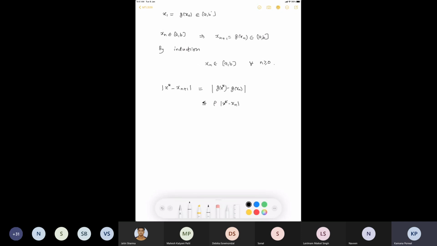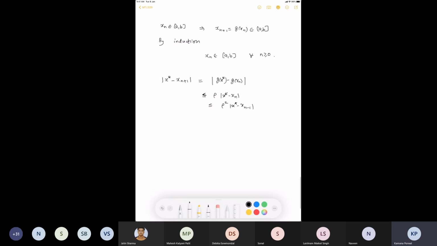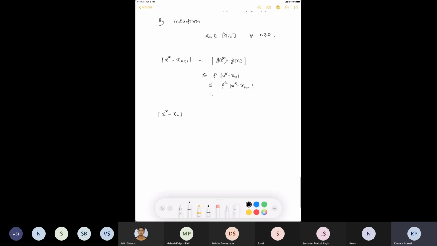So you can further use the induction process. This will be less than or equal to rho squared times mod of x star minus x_{n-1}. If you repeat this process, I'm going to write it for x star minus x_n, because I want to see the convergence of x_n to x star. So instead of x_{n+1}, I'm going to consider x_n here.